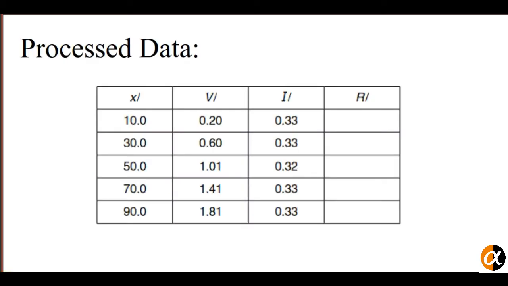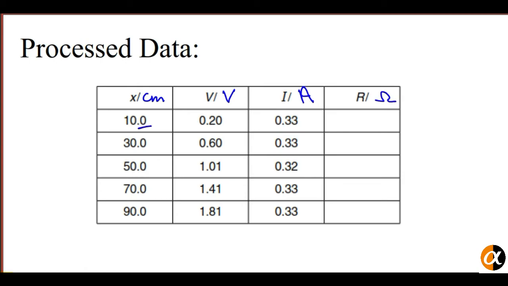What about processed data? When you record your data in a table, as we will discuss now, you need to show the headings. So this is distance in centimeter, voltage in volts, current in ampere, resistance in ohms.